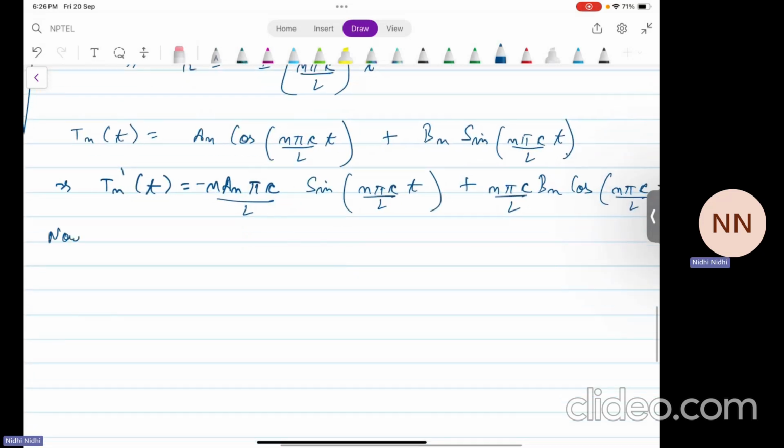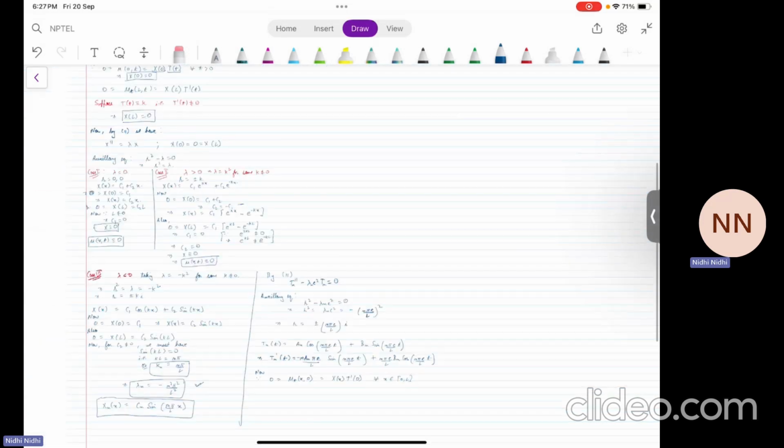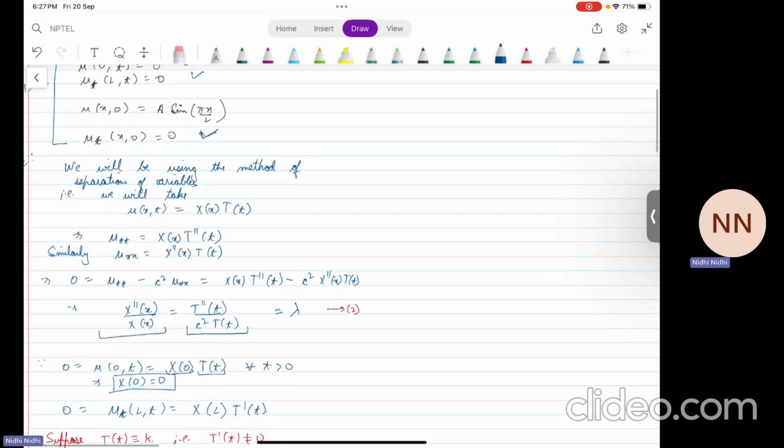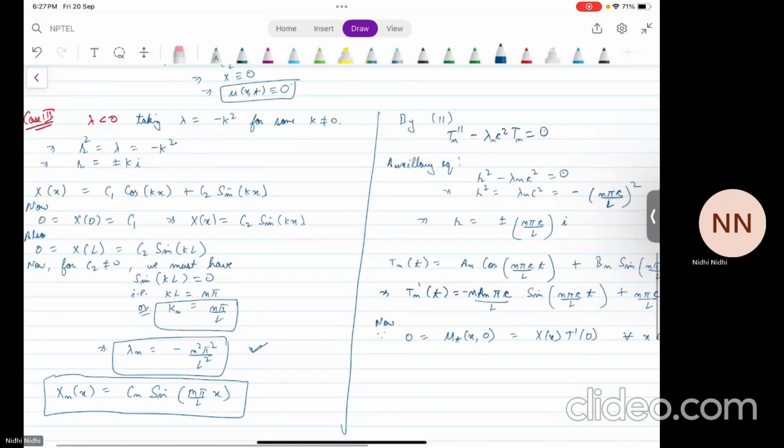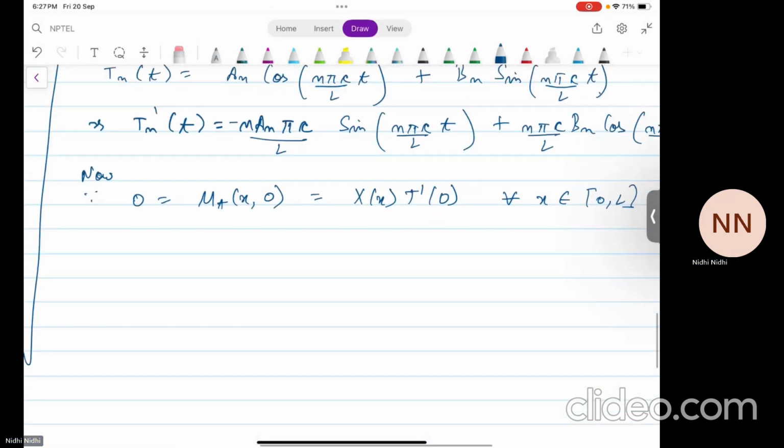Now we are given that ut at (x,0) is 0 for every x in 0 to L. This was the initial condition that we were given in the problem itself. This gives us T dash at 0 is 0.